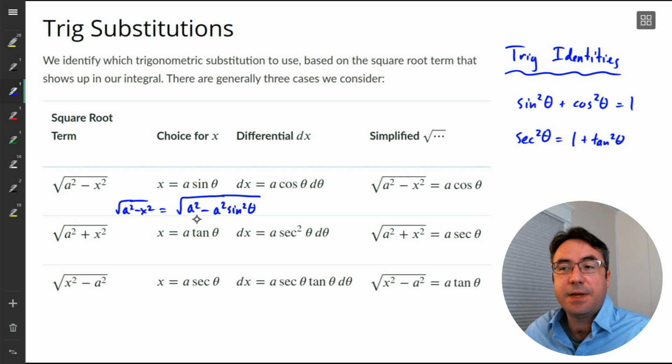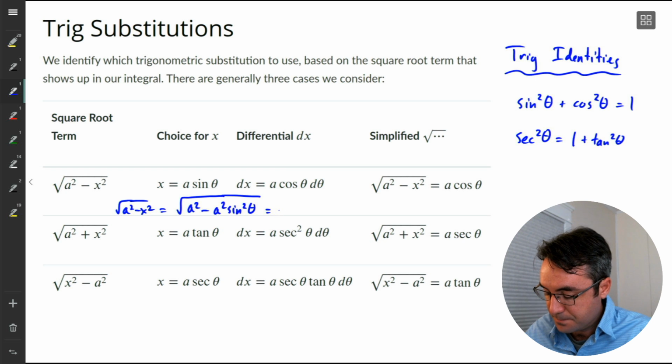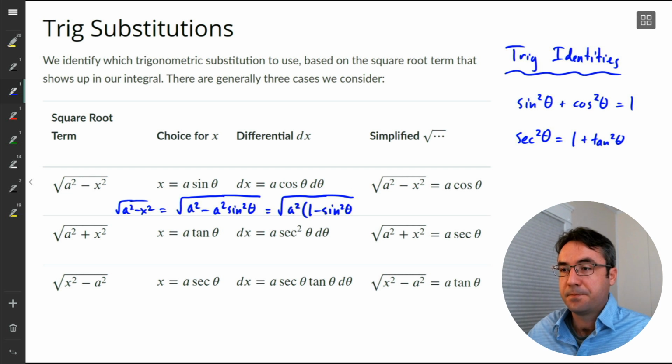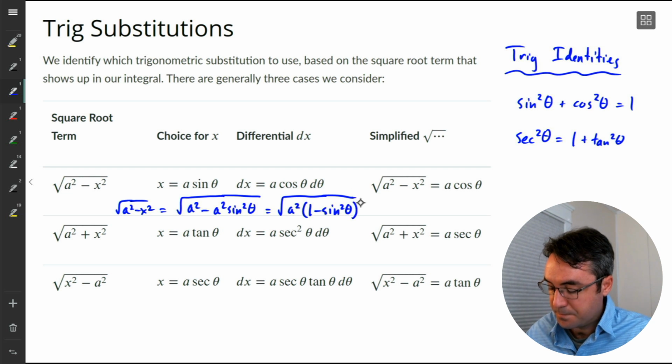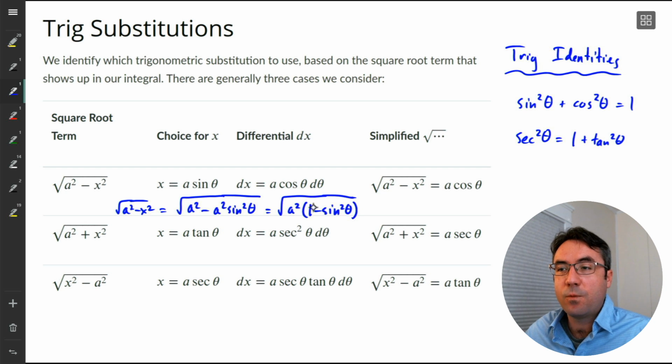Well, we see we can factor here. We can factor off an a squared. So that leaves me with 1 minus sine squared theta. And 1 minus sine squared theta, we know what that is in terms of cosine. So that's actually equal to cosine squared.